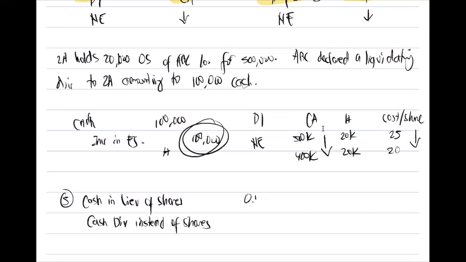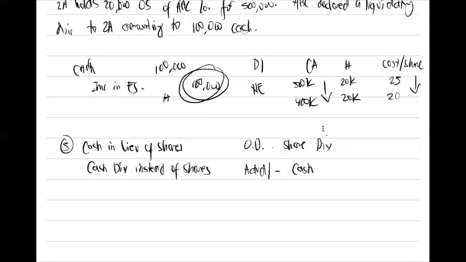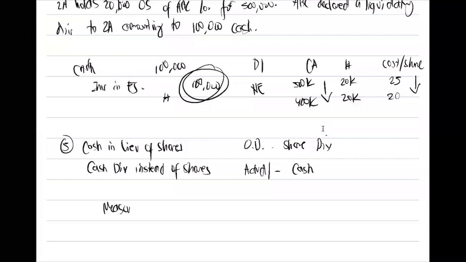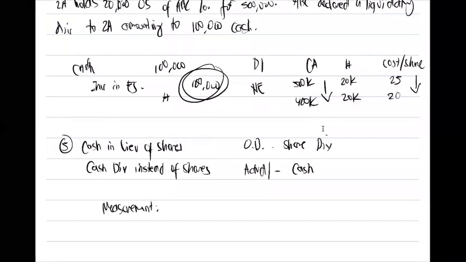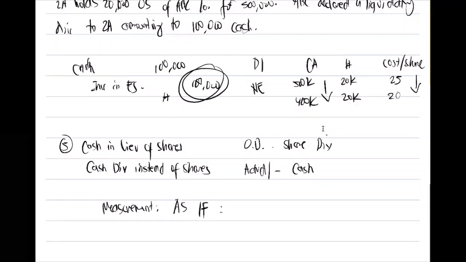So the original dividend here is a share dividend. However, what you actually receive is cash. So how do we account for this? For the measurement of cash in lieu of shares, we follow the as if approach.